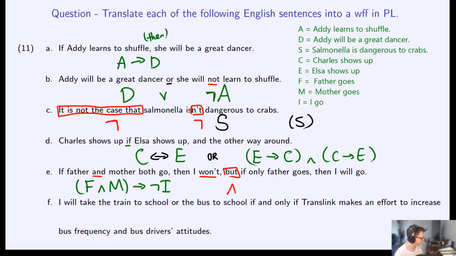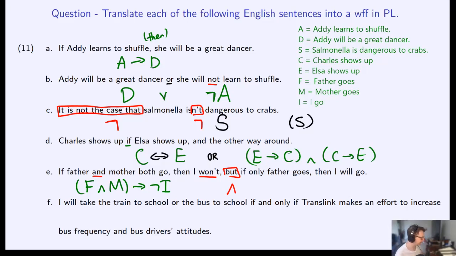So this says if only father goes, then I will go. So this part is a little bit more complicated. So we might have to do some paraphrasing here to understand what this is actually saying. So what's actually being said here?